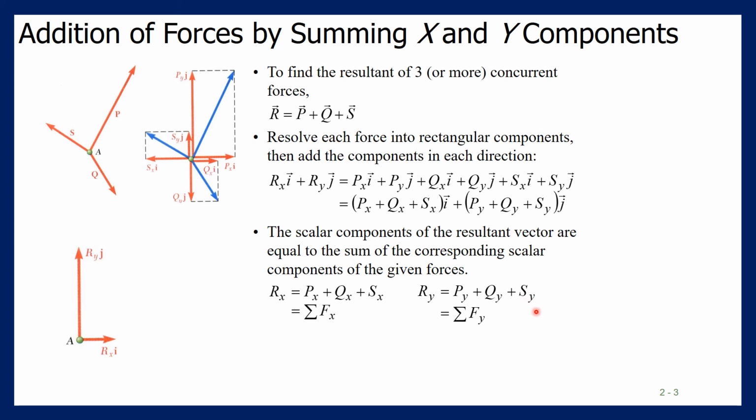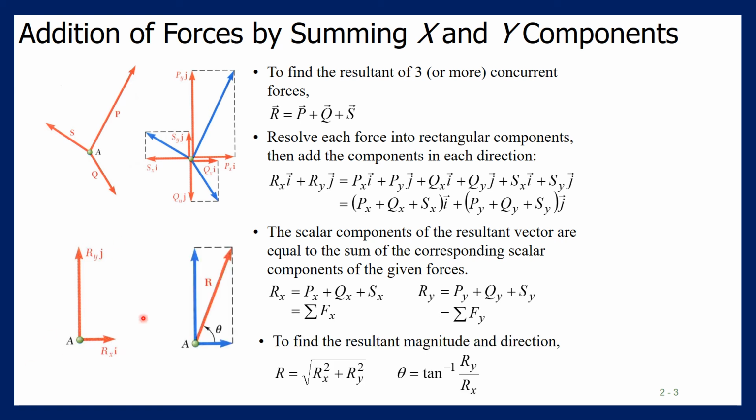And the resultant magnitude R you can find like this. So these are the components Rx and Ry in the x and y direction, while R is the resultant. To find the resultant, you simply square the components, Rx squared plus Ry squared, and take the square root of that.